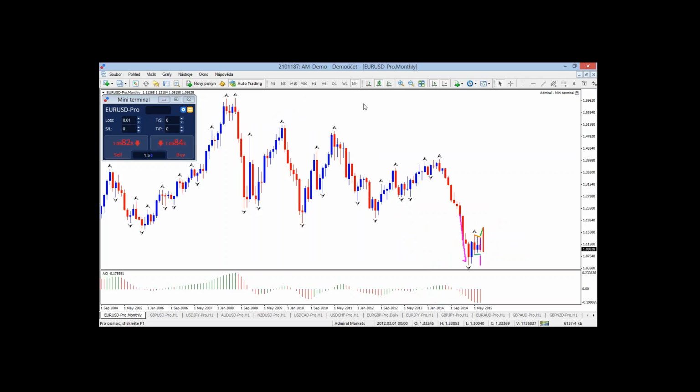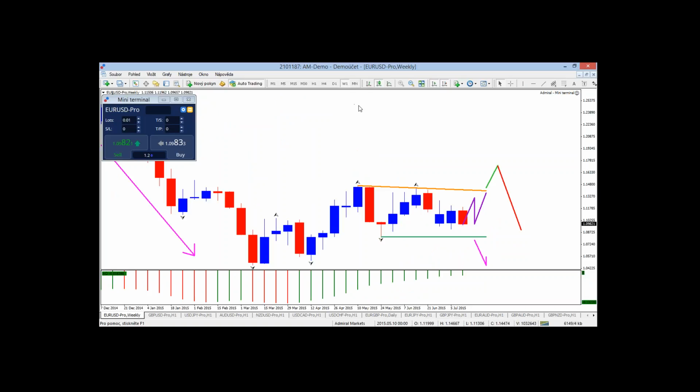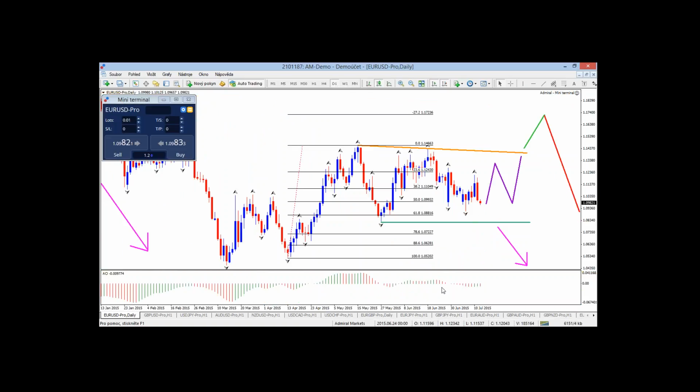Ultimately, personally, I'm expecting a downside within August or September of this euro dollar. But until that moment, we could be continuing with this correction. And at this point in time, I think that this resistance and this support line are key.